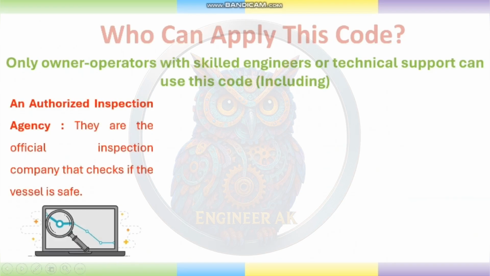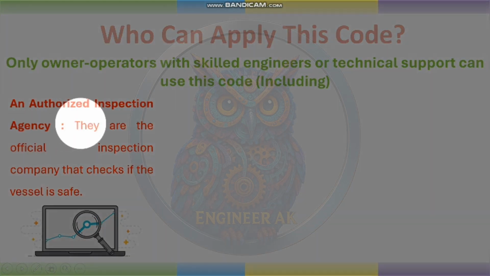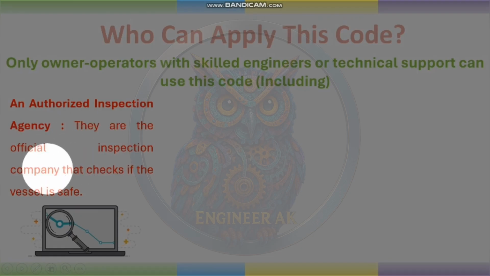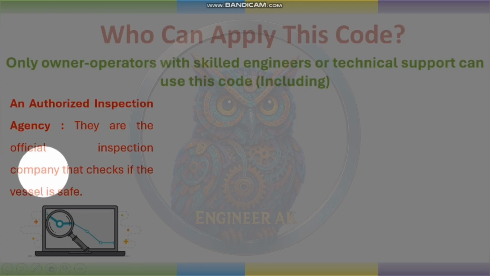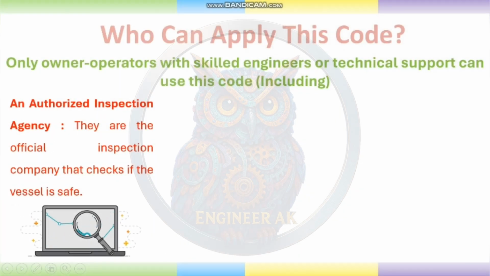The first one is an authorized inspection agency, meaning the official inspection company that checks if the vessel is safe, a separate organization or one within an organization that can check that the vessel is safe. They can apply this code.